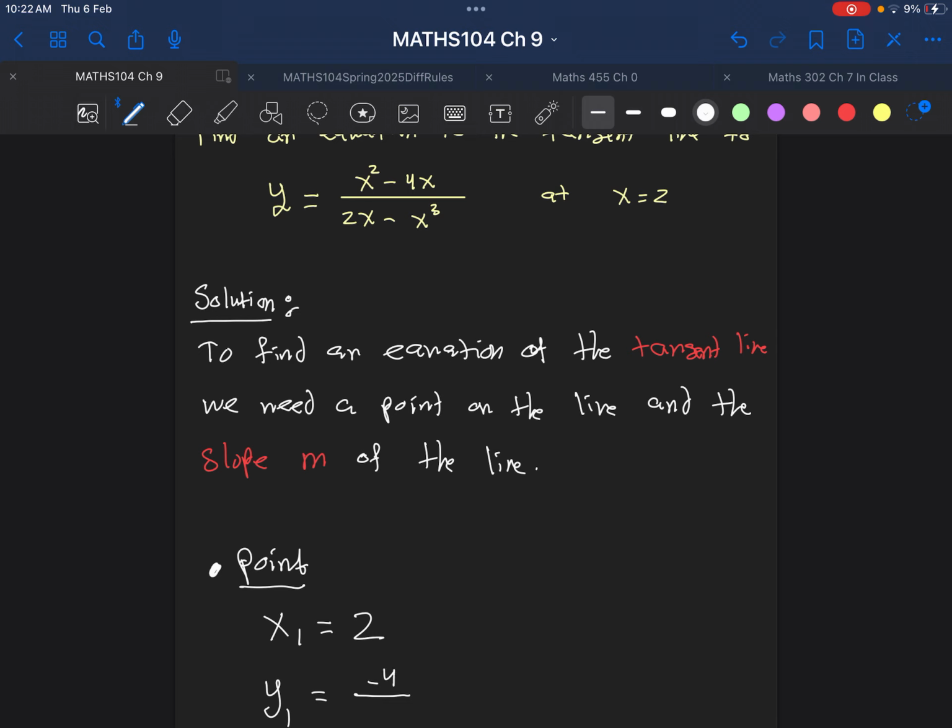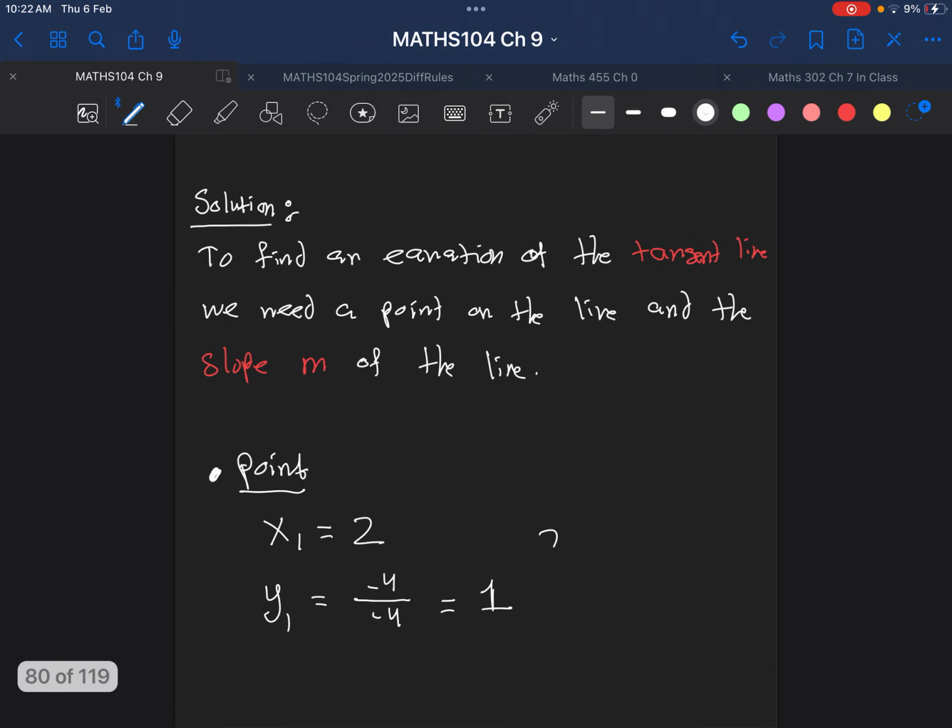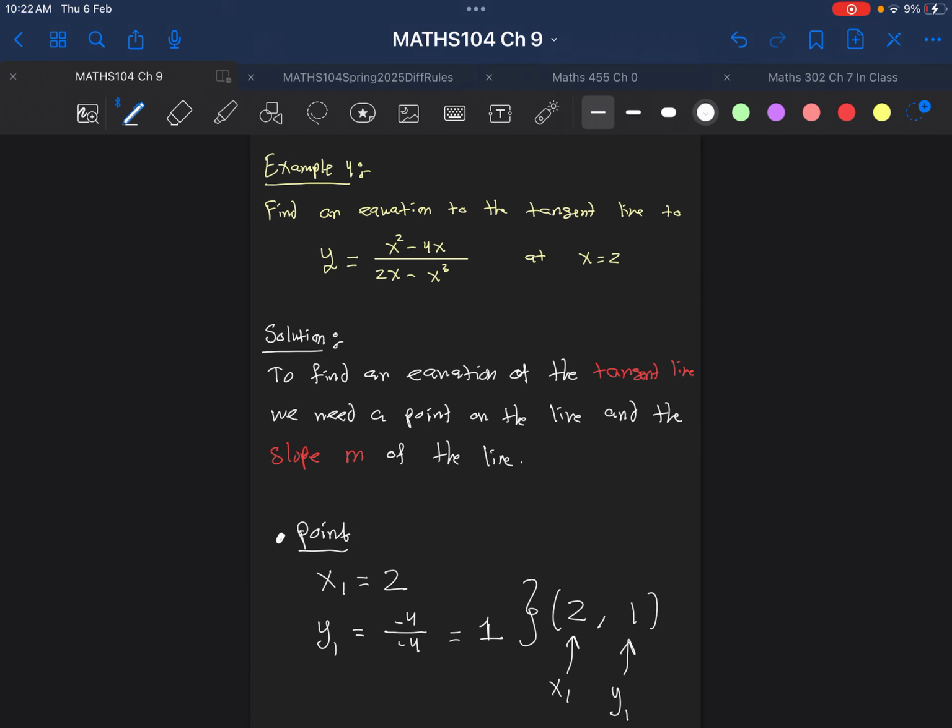If we substitute 2 using the calculator, in the top we will get -4, in the bottom we will get 4 minus 8, again -4, so y1 is just 1. So as a point, we have (2, 1). This is x1, this is y1. That's how we find the point.